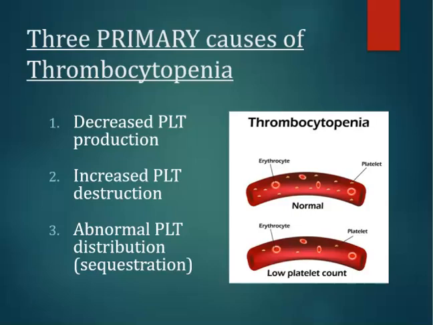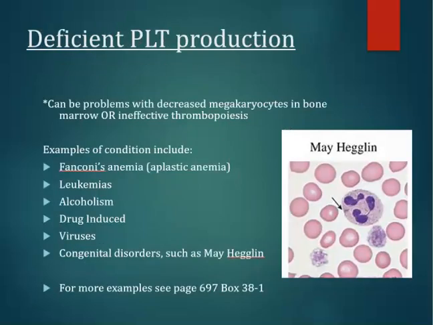That's less than 100,000. So deficient platelet production can be problems with decreased megakaryocytes, which can lead to decreased platelets in the bone marrow, or ineffective thrombopoiesis.